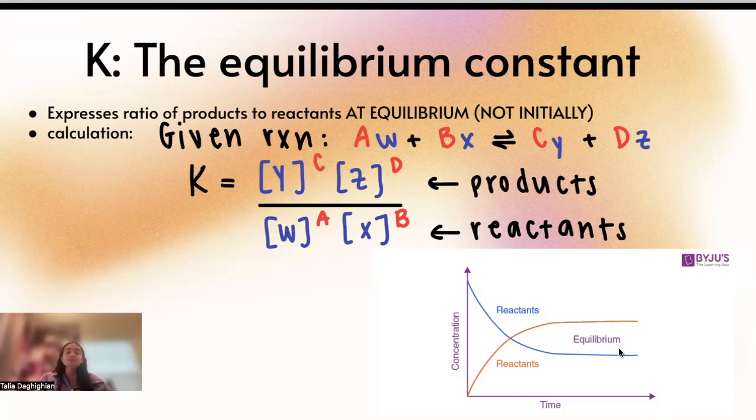However, it's crucial that you raise the concentration of each product or reactant to the power of its stoichiometric coefficient. So you can see, for instance, that Y has the coefficient C, and in the K expression, the concentration of Y is raised to the power of whatever number C is.